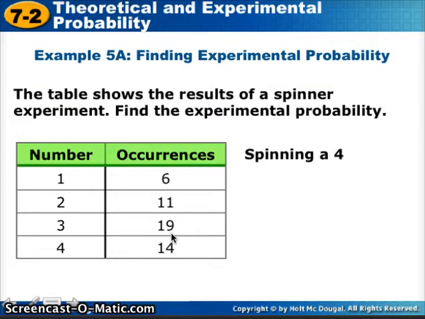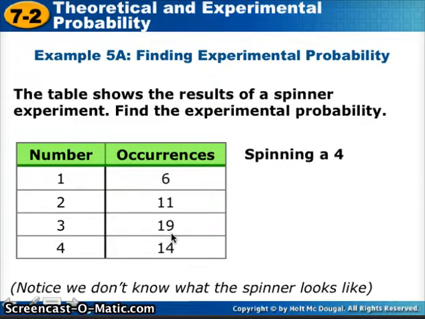Here's an example. The table shows the results of a spinner experiment. Find the experimental probability. Before we find that, let me just state here, the experimental probability is different than the theoretical probability because we don't know what the spinner looked like. If we could look at the spinner itself, we would know what the exact probability is of rolling a 4.